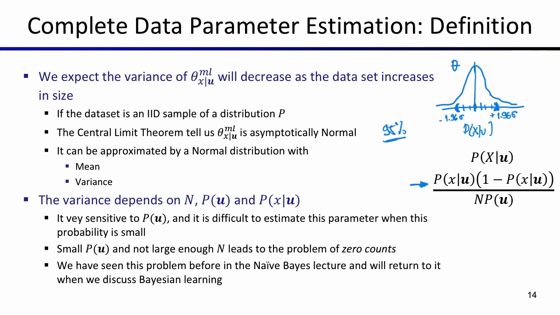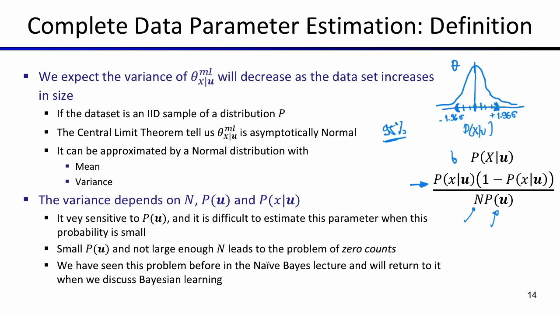And in order to reduce this variance, we have to analyze that. We see that this variance depends on three quantities. One is the probability of x given u, another one is n, and another one is P of u. And to reduce the variance, we can, for instance, increase the denominator. So if the denominator is very large, you're going to divide by a large number, we have a small variance. But we have two competing factors here.